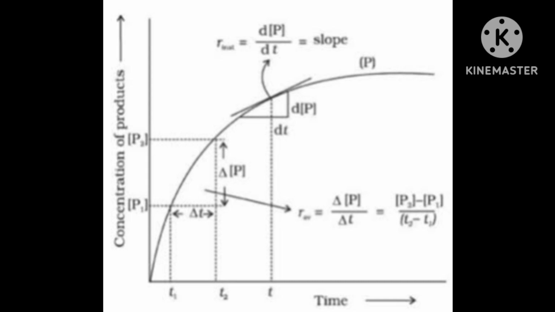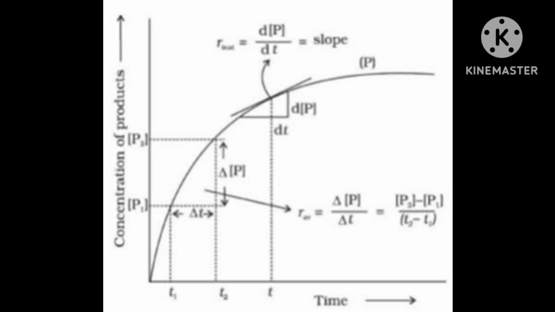Now suppose in the beginning the reactant has concentration R1, meaning R written in the bracket, and after time T2 its concentration became R2. Then R2 minus R1 is called delta R, the change in concentration of the reactant.